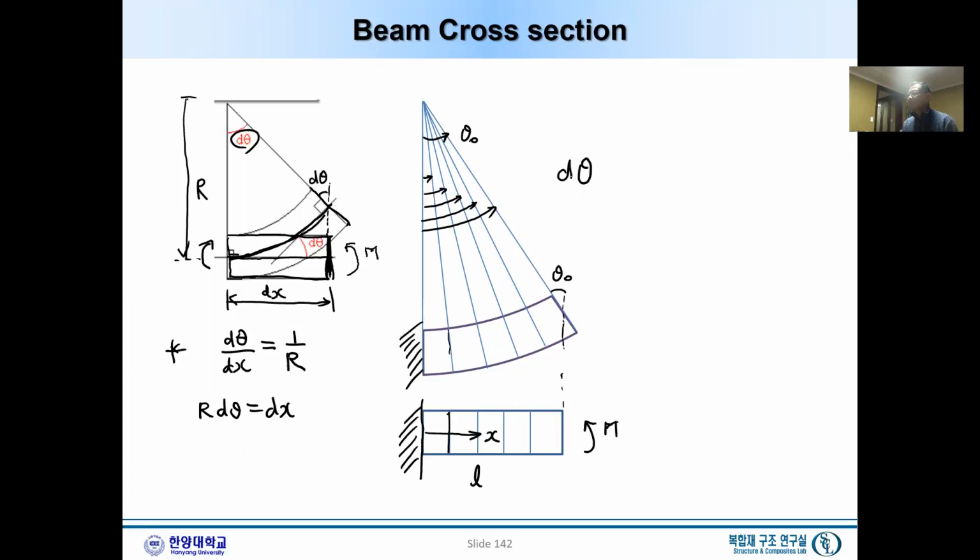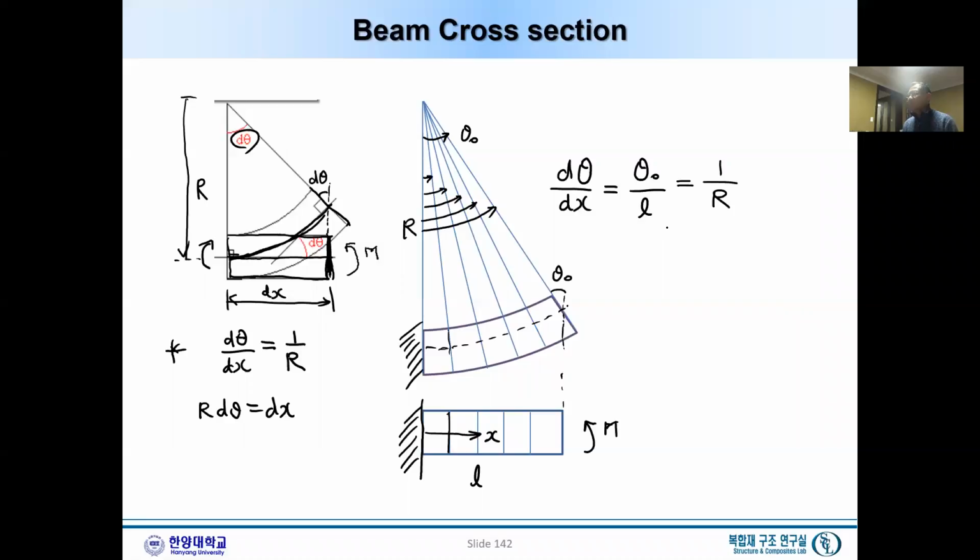So d theta dx, we can say that theta 0 at L, and that is the same as here: dx, d theta, theta 0, L. Of course, if this one is the radius R, the inverse of the curvature is 1 over R.